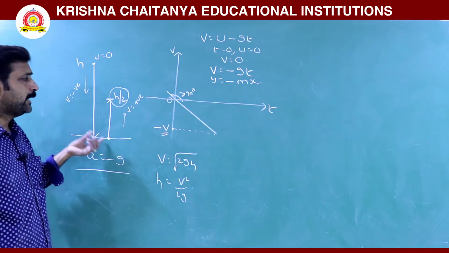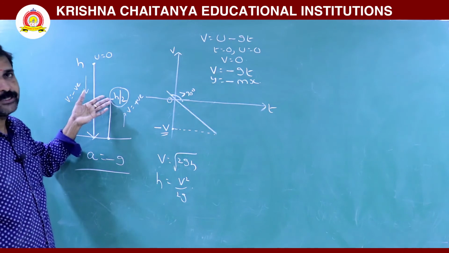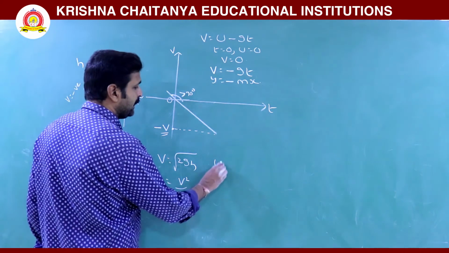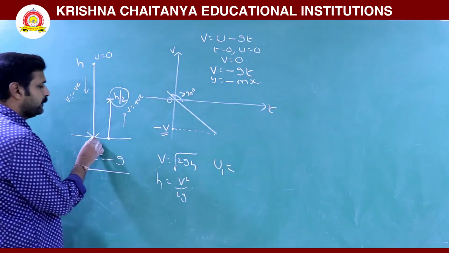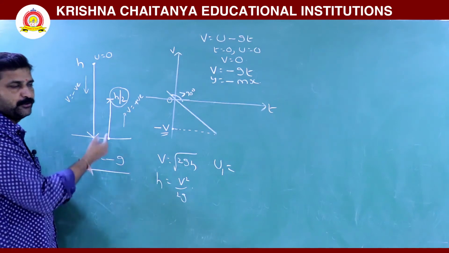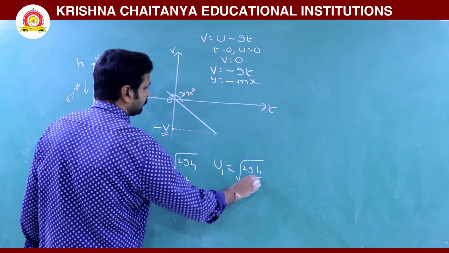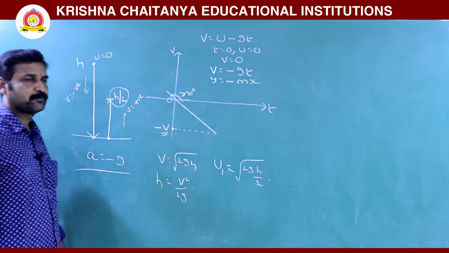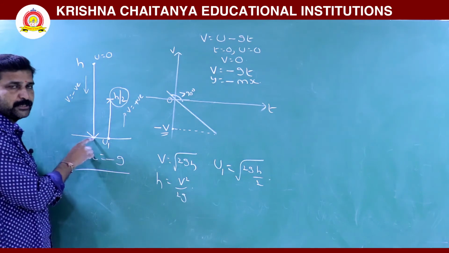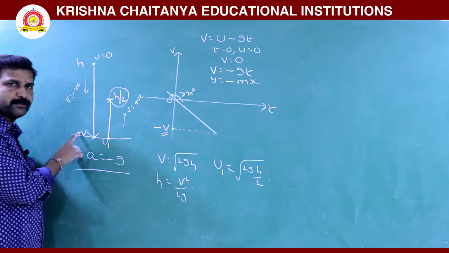With the velocity it has now, it reaches the height h by 2. So the initial velocity after it hits the ground, for the vertical projection, is u1, equal to root 2g times h by 2. Just before striking the ground its velocity is v.